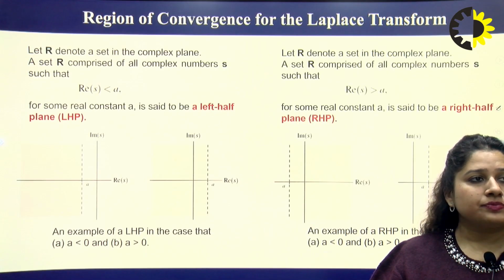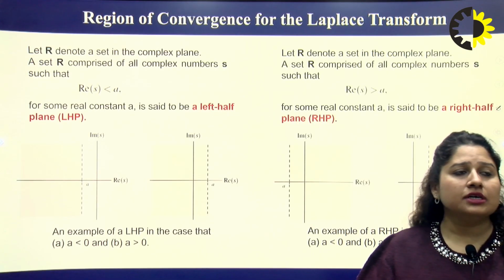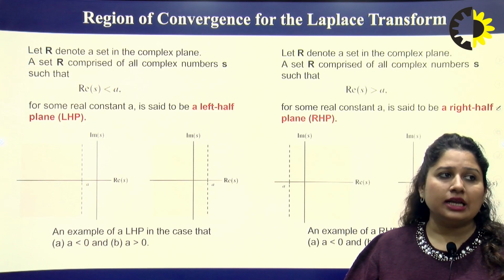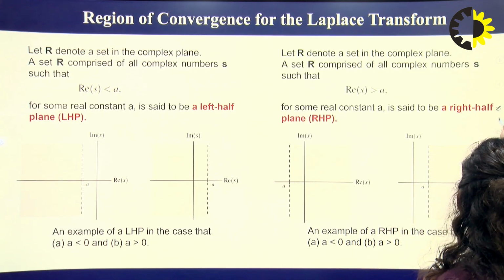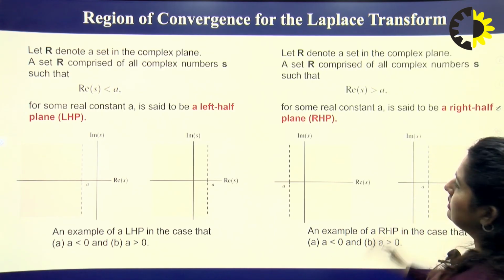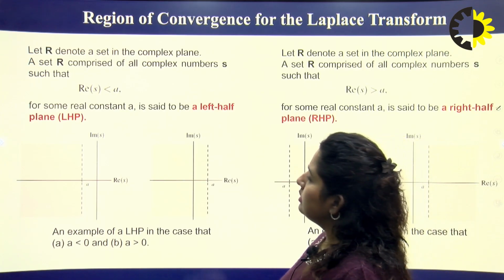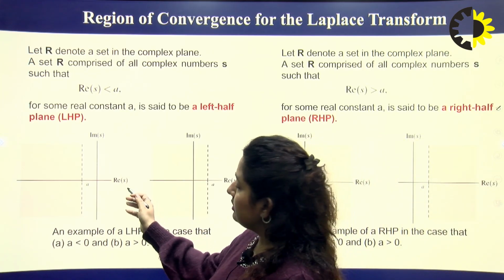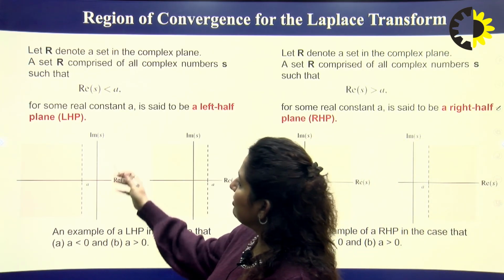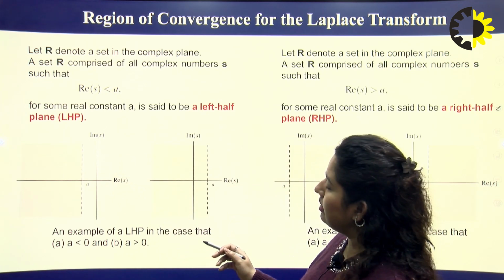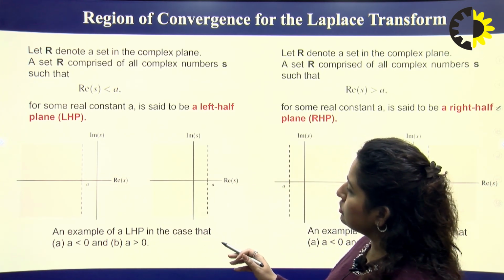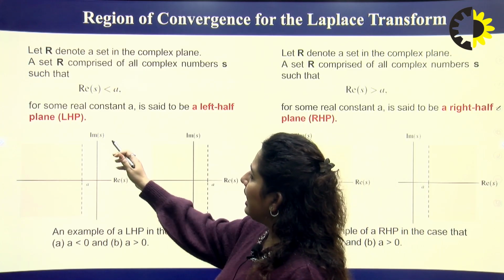So, what is the region of convergence for the Laplace transform? You can see from the figures that there is real of s on the x-axis and imaginary of s on the y-axis. Basically, the ROC is the formation of real of s and imaginary of s.